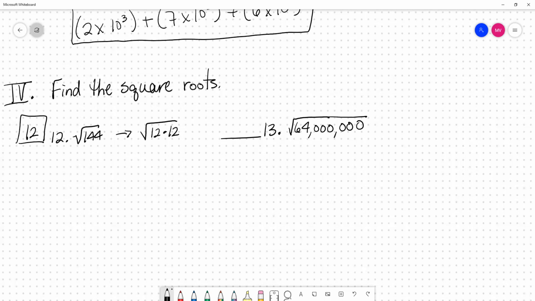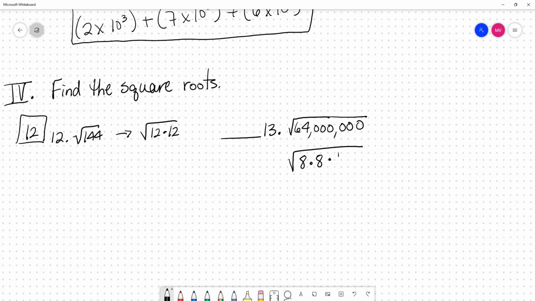Whenever you have a square root of zeros, you cut them in half. So how many zeros do we have right now? So 800? There you go. You got it? Okay, good. Let's break this down. What times itself equals 64? 8. So this is 8 times 8.